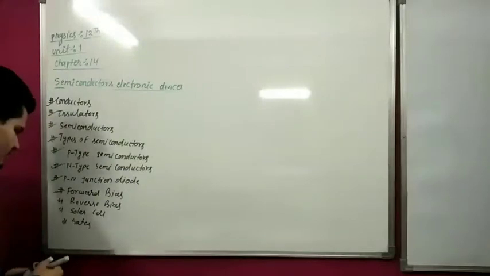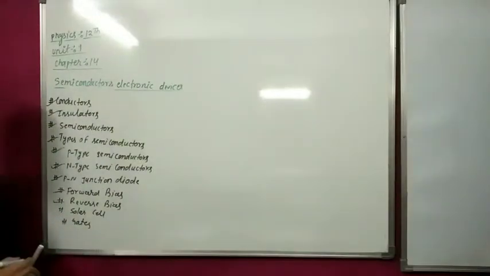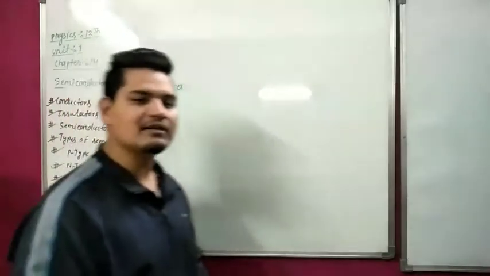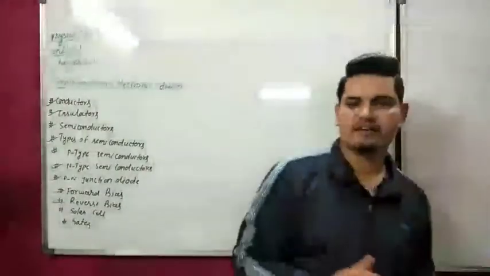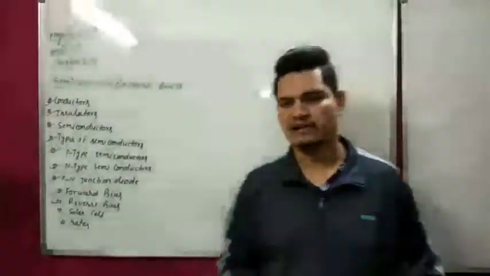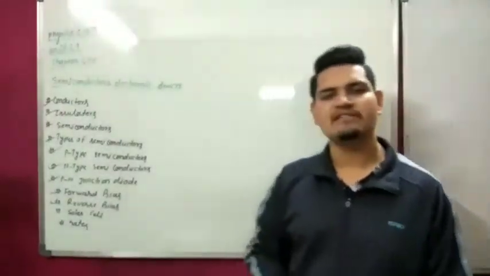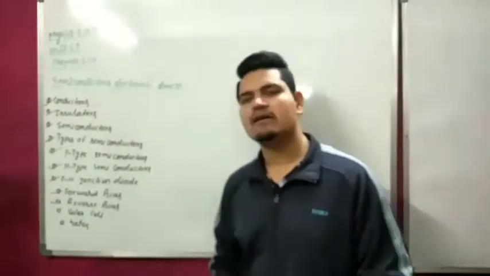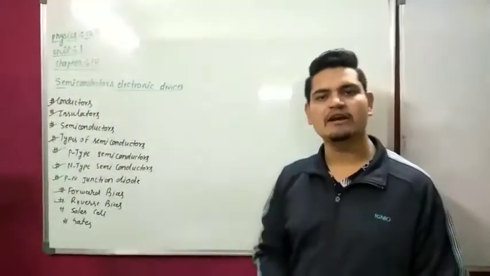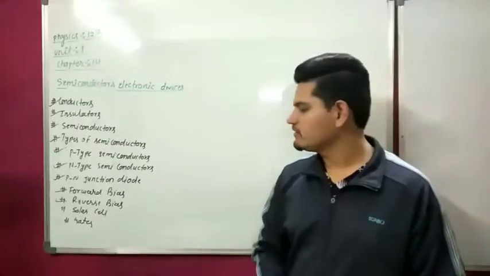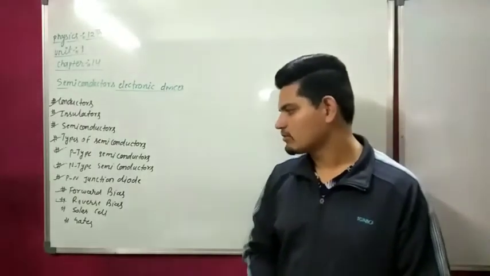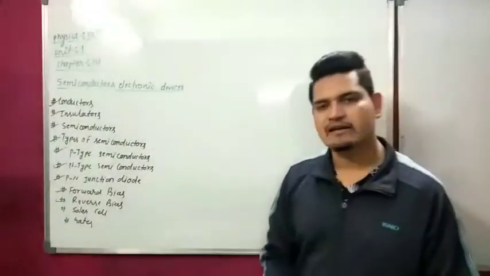Now we have to understand the solar cell. A solar cell is nothing but also a PN junction diode, but it converts solar energy into electrical energy.